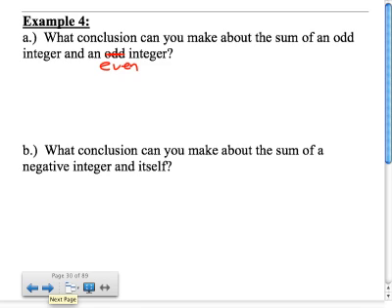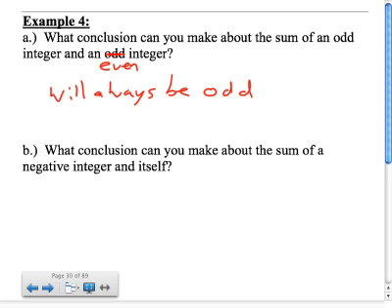You start going through and you say, let's see here. 1 plus 2 is 3. 2 plus 3 is 5. 3 plus 4 is 7. 4 plus 5 is 9. 5 plus 6 is 11. 1 plus 22 is 23. And so the conclusion you can make is that the sum of an odd and an even will always be odd.